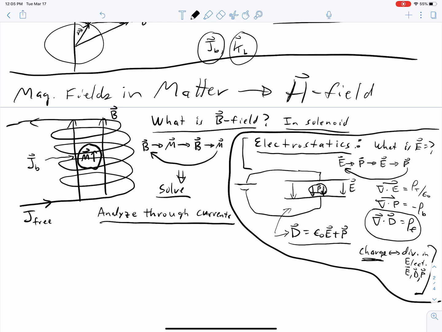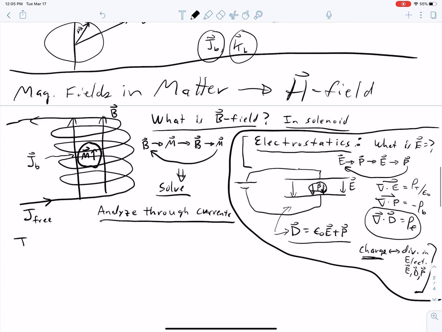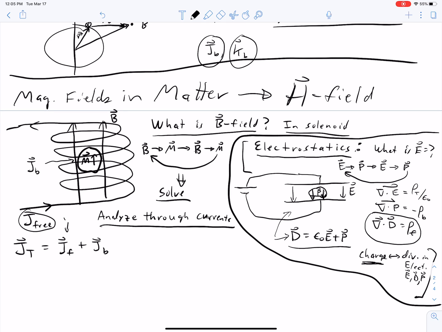And so what we're going to remember is that J total, the total current in any system, is equal to the free current, which is just the current going through the wires, like the circuit, plus the bound currents, which is what we get from the material.